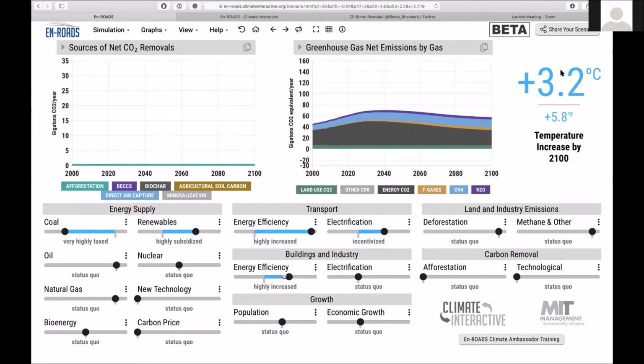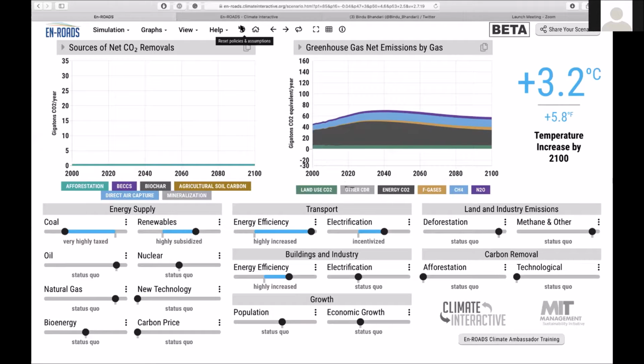From the business as usual scenario, where we have 4.1 degrees Celsius temperature rise by the end of the century, as I moved some sliders and took some actions, it is now 3.2 degrees Celsius. So these actions have helped us bring the temperature down to 3.2 degrees Celsius.